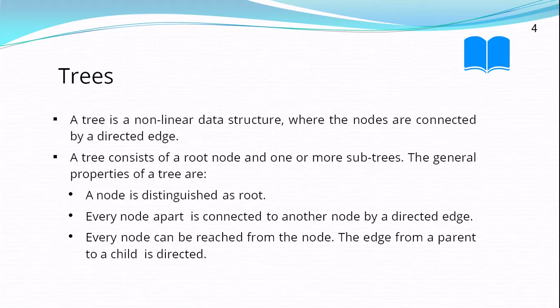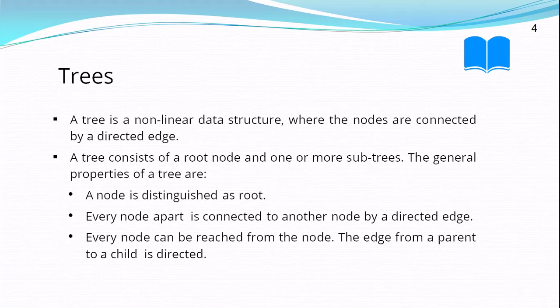First of all, a tree is a non-linear data structure where the nodes are connected by a directed edge. In other words, I'm going to represent a tree graphically in two dimensions, and each node of the tree is going to contain data, and two nodes might be connected by an arc representing a branch which is directed.